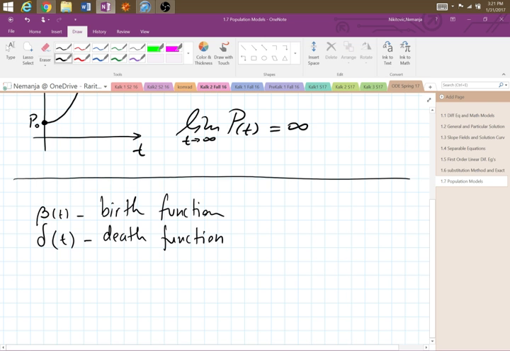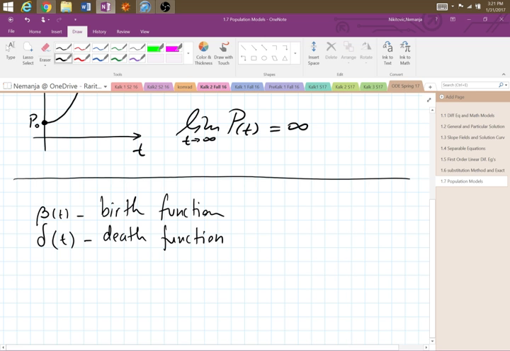Even the birth function is not constant because it depends on the situation in the country. A lot of people are less likely to start a 5-kid family if it's the Second World War. So the birth function and the death function, both of those are really connected to whatever is happening. There are a lot of factors that contribute to these.